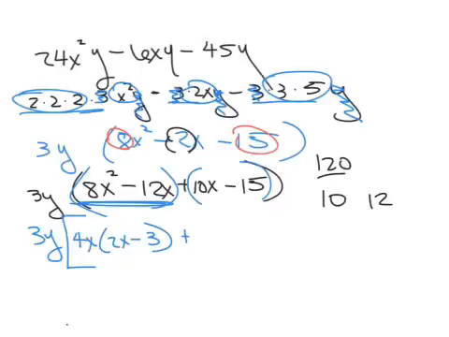And then I'm going to pull out a, let's see, 10 and 15. I'm going to pull out a 5. And I'm left with a 2x minus 3. Now again, notice the numbers inside the parentheses are the same.